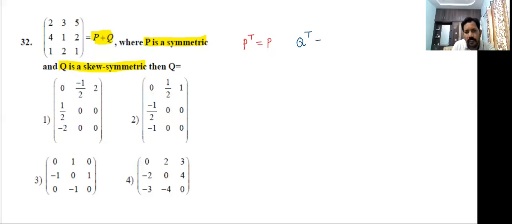Q transpose is equal to minus Q. Yes or no? Now, what is given? P plus Q matrix is already given. How much? 2, 3, 5, 4, 1, 2, 1, 2, 1.